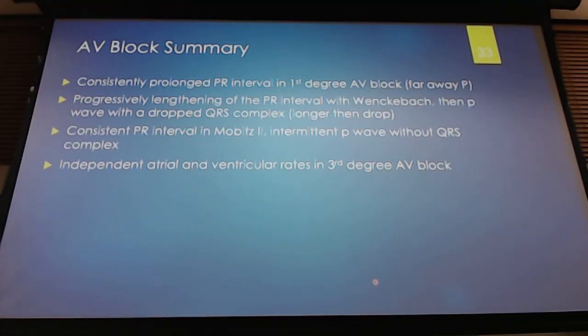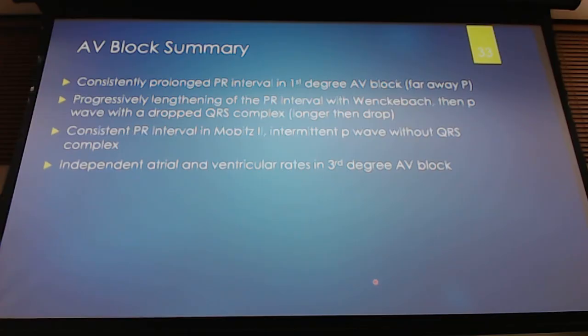Right. So our summary of our AV blocks. First degree AV block: prolonged PR interval, consistently prolonged. If it's at 6 boxes the first time, it's going to be 6 the next, 6 the next, 6 the next. So prolonged PR interval. Our second degree, type 1, longer, that's our winky box, longer.